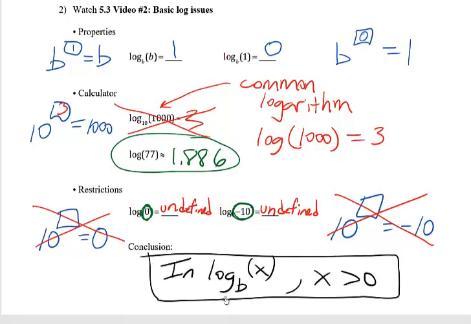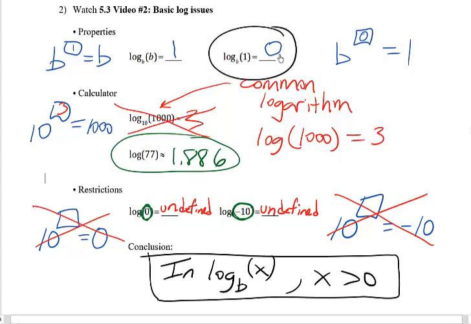In the expression log base b of x, the x must be a positive number. Notice we're not saying that the answer to the log has to be positive. I mean, here's one right here where the answer is 0. We had other ones where the answer was a negative in the last video. We're just saying that this portion right here will always be a positive number.